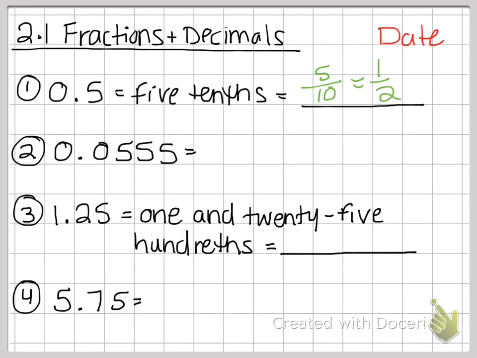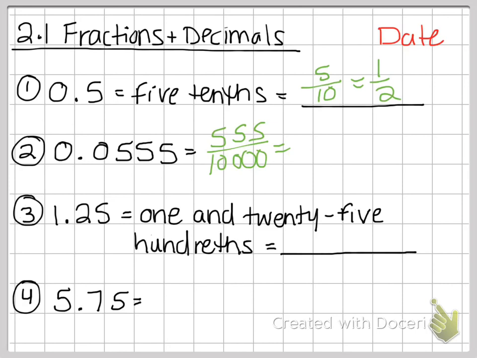Now moving on to number 2, I have 555 10,000ths, making sure my THS is being heard in there. So I need to write that as a fraction, 555 10,000ths, and then put that in simplest form as well.